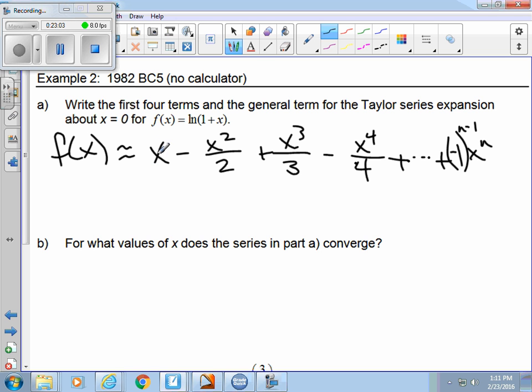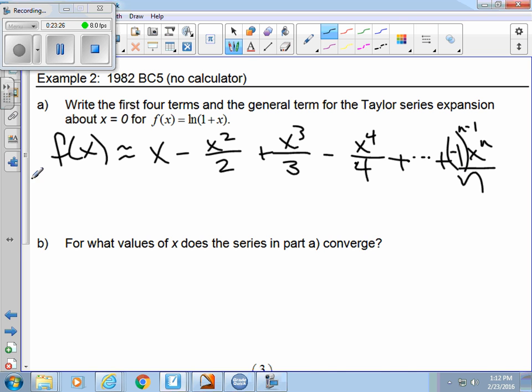Yes. You just have to make it work out right. If I plug in 1 for n, it needs to give me an x to the first power. If I plug in 2 for n, it needs to give me x squared over 2 with a negative in front. So as long as it works out, it doesn't matter what it is. We have to put the x. Yes, we do.